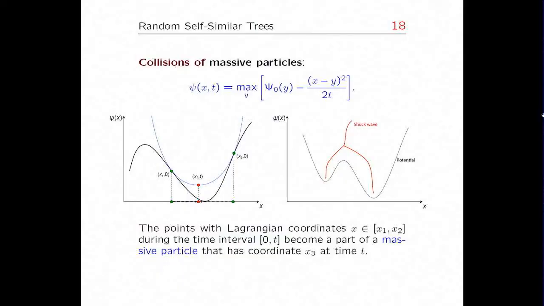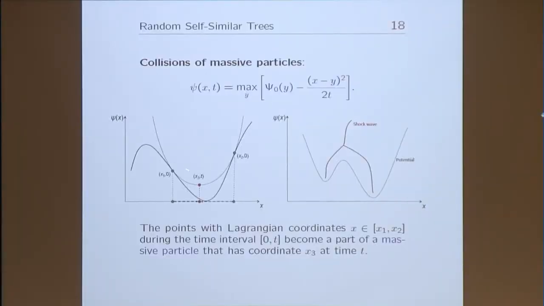So what does it mean with respect to psi 0, the initial potential? Imagine this being the initial potential psi. Now you have points here on this negative slope going left, here on this positive slope going right. Now, the quadratic term here says the following. Suppose we can inscribe a parabola so that it is tangent to the potential function on both sides.